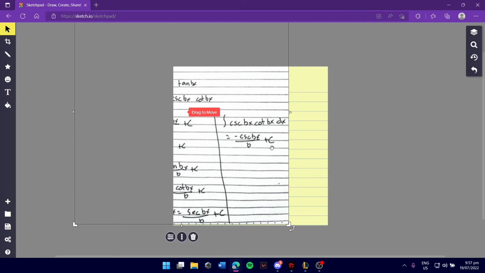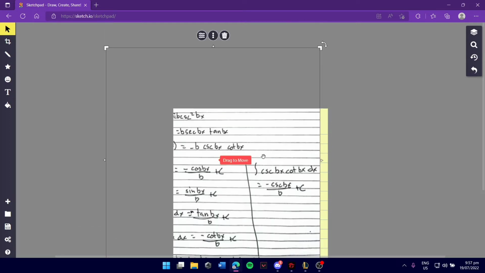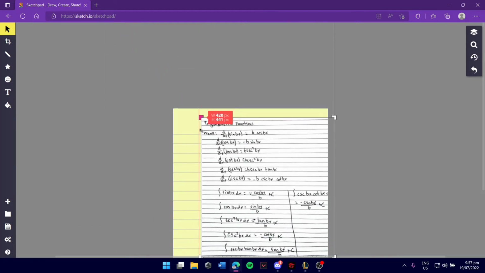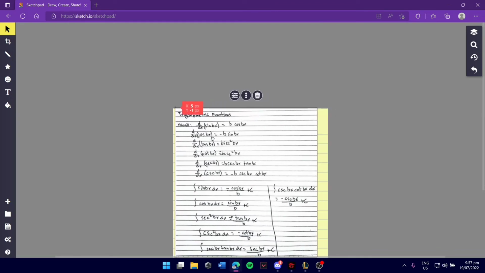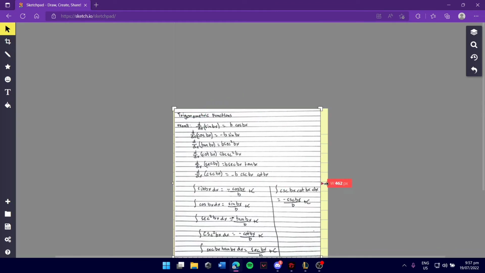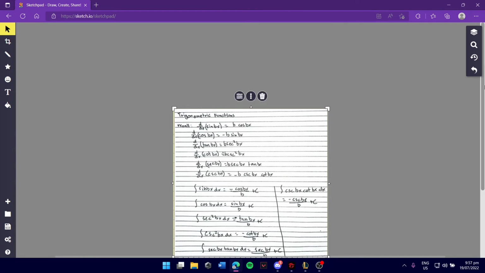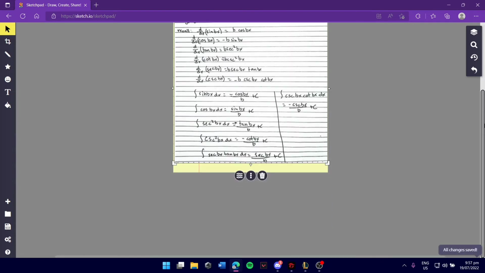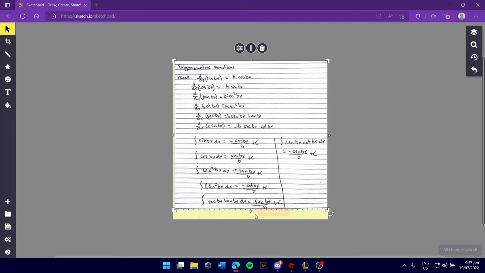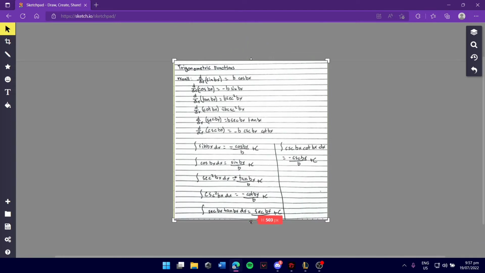So now I have introduced our trigonometric formulas, both in differential calculus and in integral calculus. Take note, these are our trigonometric identities. We will proceed now to our examples.